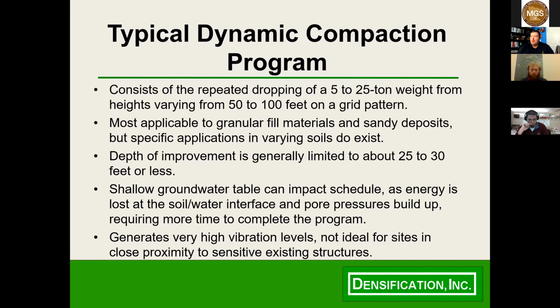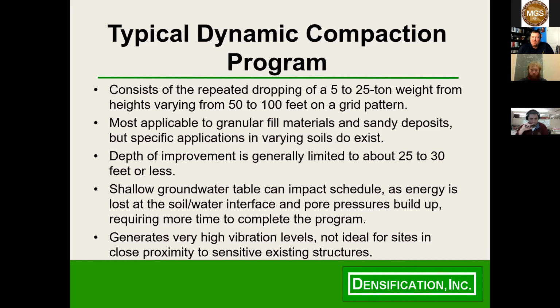So a typical program could be a weight anywhere from, generally 5 to say 25 tons, 50 to 100 feet. If you start pushing higher than that, that generally gets outside the range of what's considered readily commercially available, at least, right? Mostly applicable to granular sandy deposits, but as I pointed out, there are some specific clay, karst, type applications that you can use.